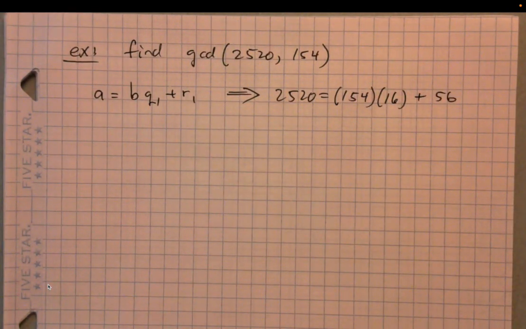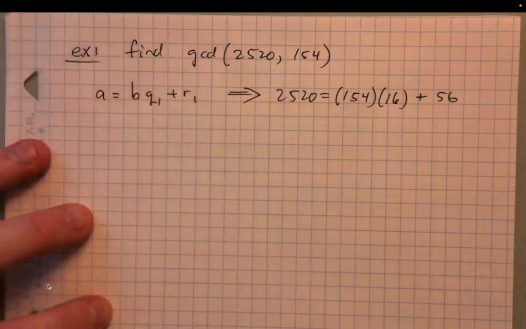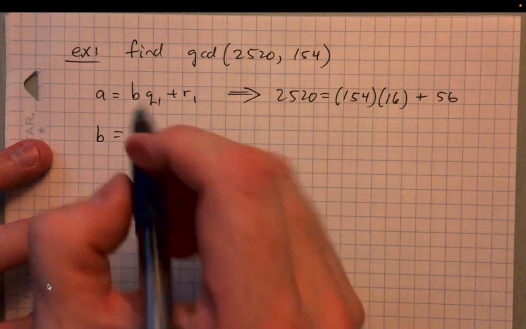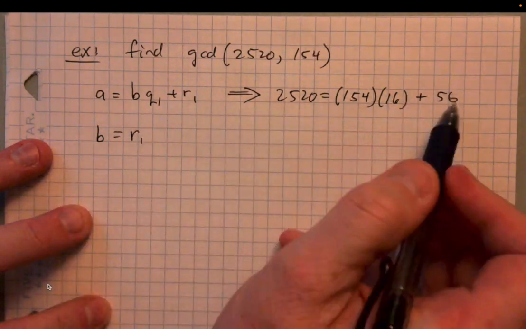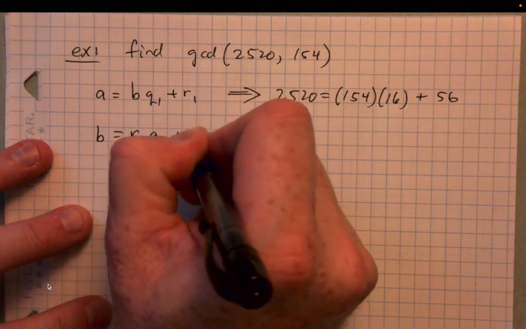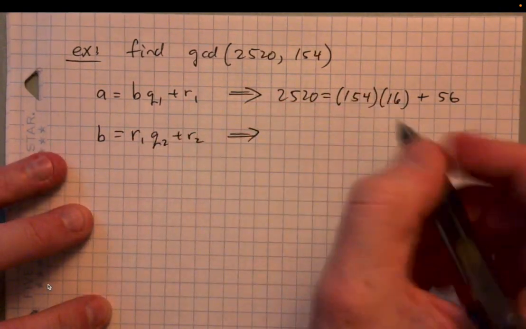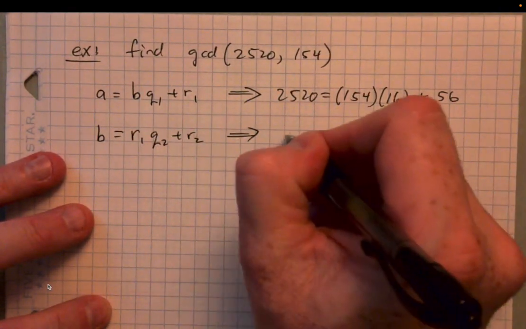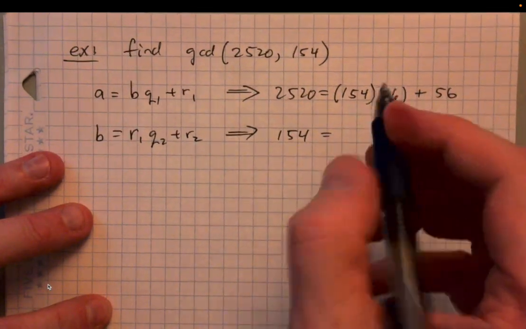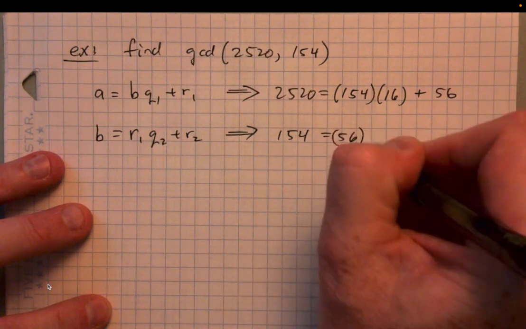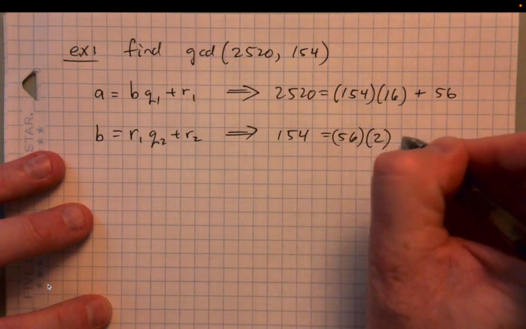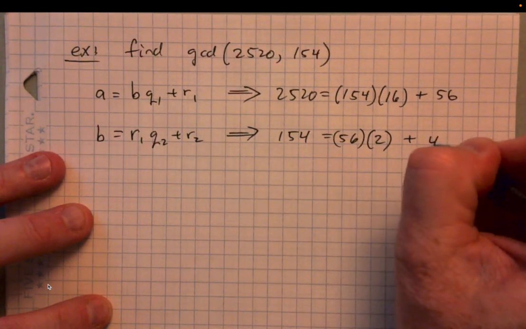Then our next level would be B equals R1 times some Q2 plus R2, right? And so in this case, it's going to be 154 is equal to, we got to divide by the previous remainder, 56. And 56 goes into 154 2 times, and the remainder is 42.